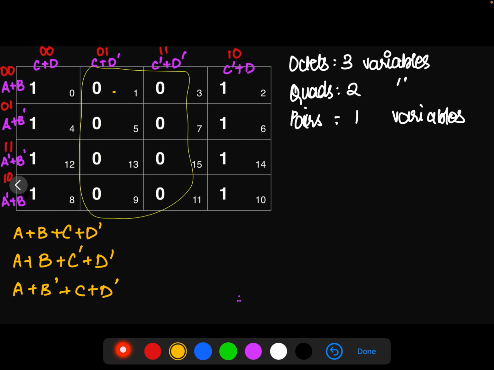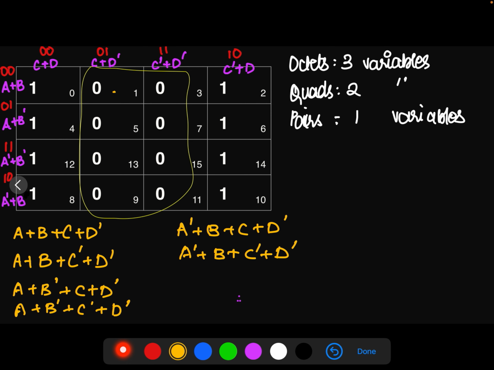Then 7 is A plus B dash plus C dash plus D dash. Now 9 is A dash plus B plus C plus D dash. 11 is A dash plus B plus C dash plus D dash. Then 13 is A dash plus B dash plus C plus D dash. And 15 is A dash plus B dash plus C dash plus D dash.